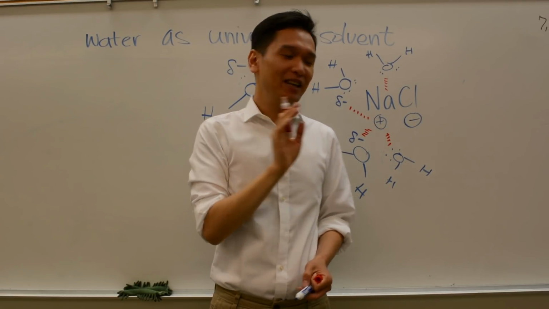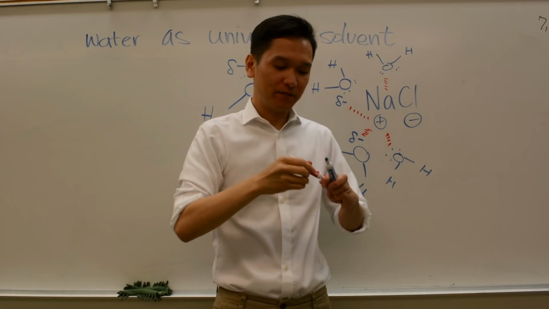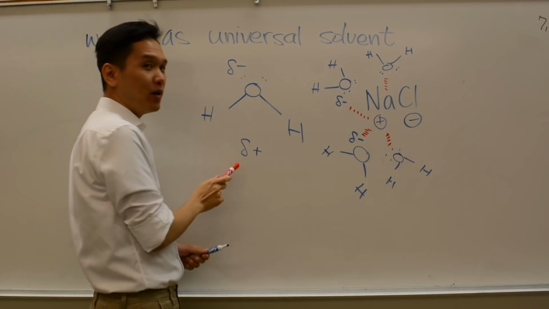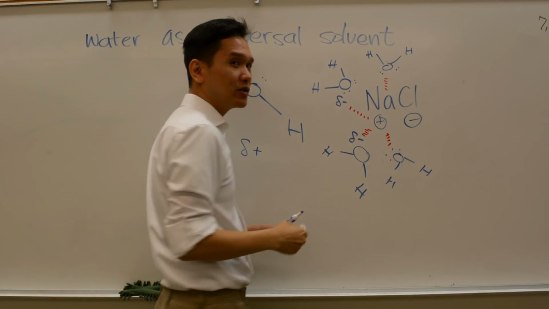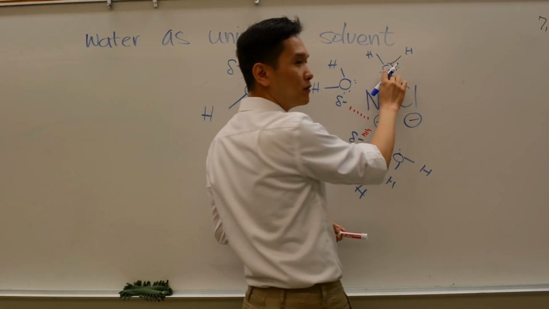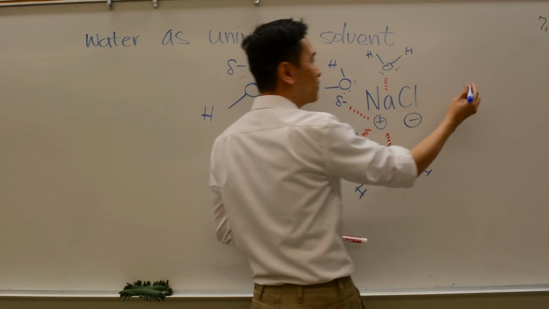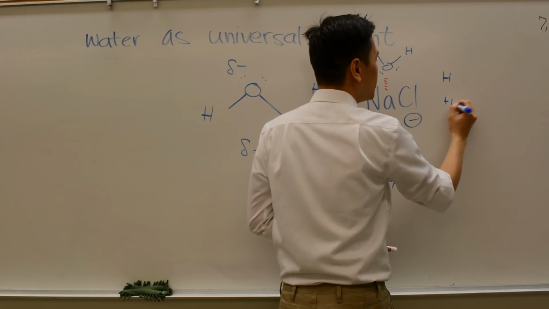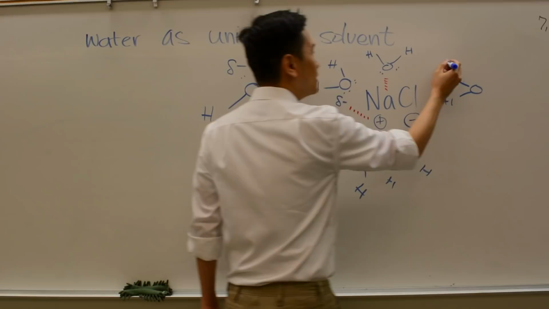Now, again, that's on the sodium side. What about on the chlorine side? You notice, remember, that water has a positive side too, right? So that positive side would now try to attract this chlorine, which is a negative. So instead of presenting its oxygen face towards this compound, water now will present its partially positive end.